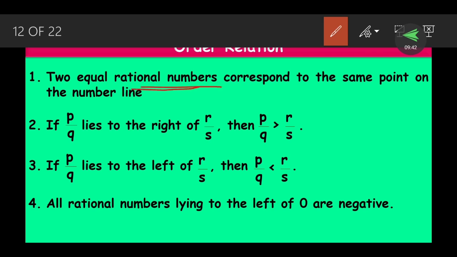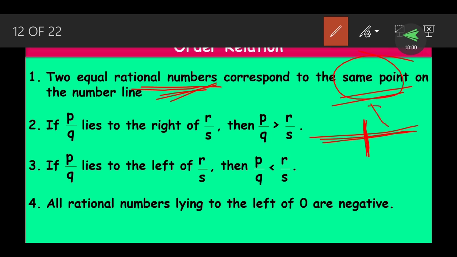Two equal rational numbers, so on the number line we have to follow some order. What is that order? Two equal rational numbers always correspond to the same point. On the number line they will be represented with the same point P or any other name if their value is same.